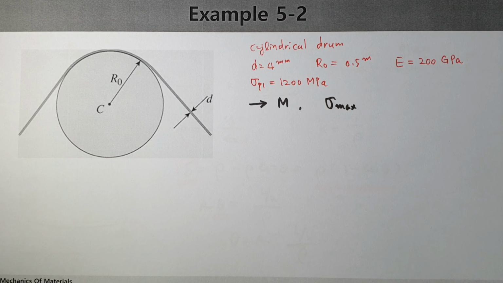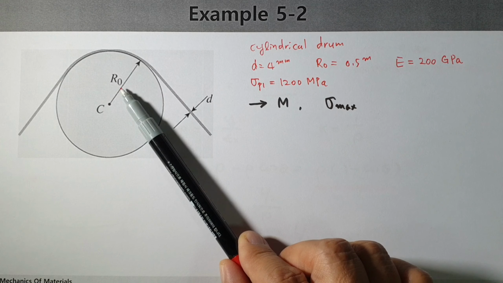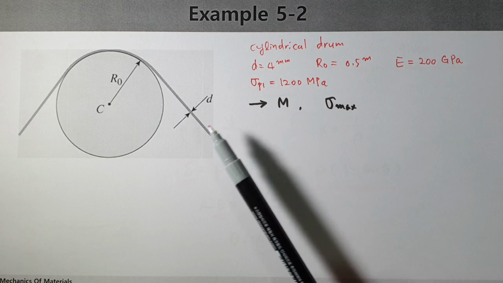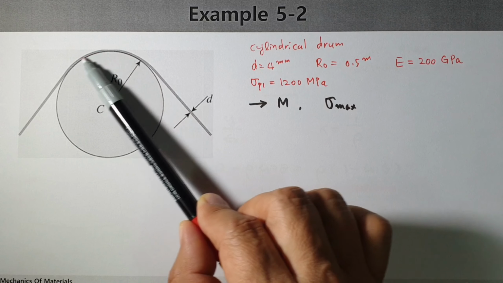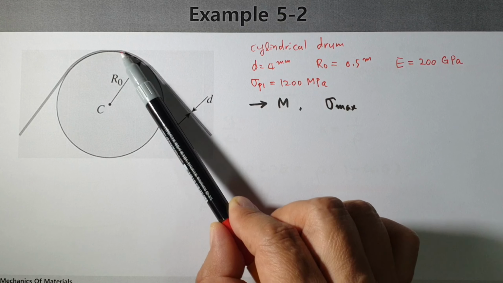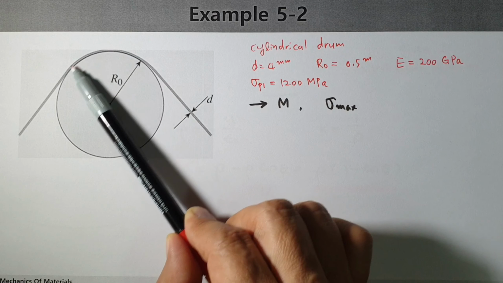Okay, now let's think about example 5.2. We have a cylindrical drum like this, which has radius R0. R0 is given as 0.5 meter, and that means 500 millimeters, and a high strength wire is bent like this. Without any room, it is well in contact around the drum.